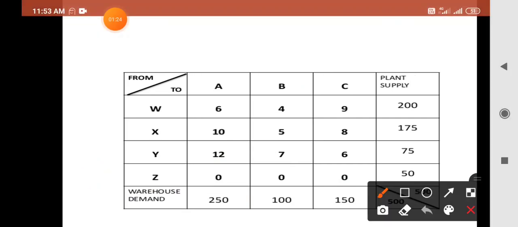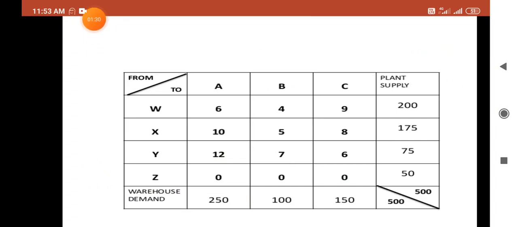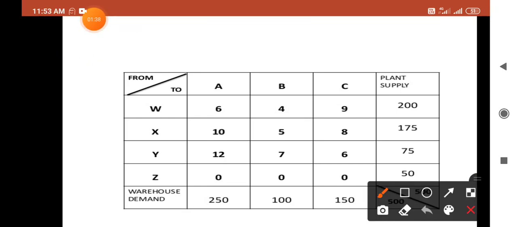Now it has become a balanced transportation problem, so we can solve it now.